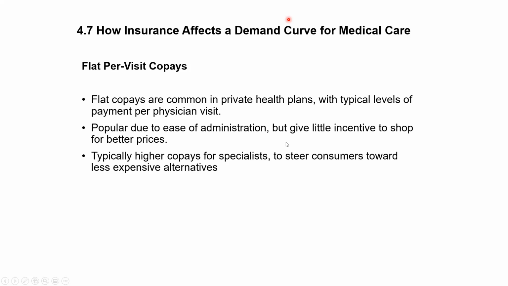When you go to a doctor for, say, an X-ray, or for a consultation for pregnancy, or for an operation like appendectomy, you have a fixed amount of payment to pay that doctor, and the insurance company pays for the rest.